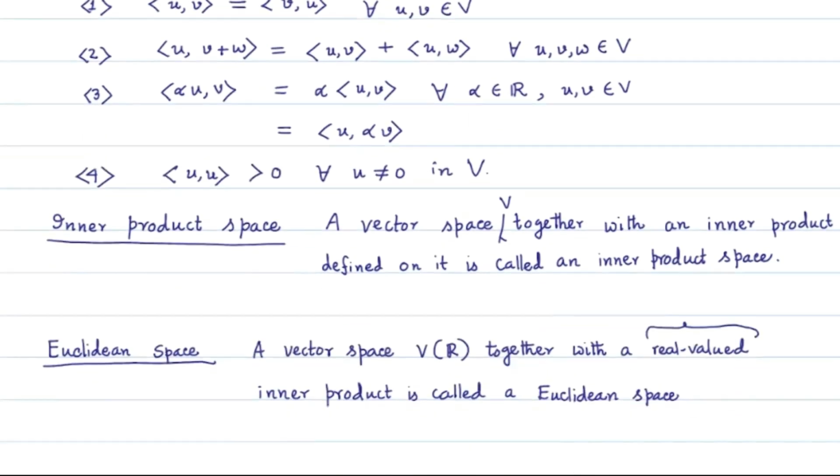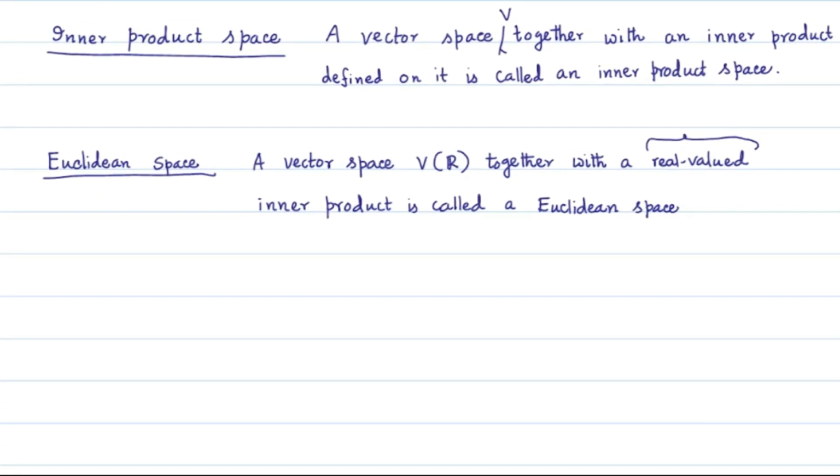Let me give you a few examples of inner products in the n-dimensional Euclidean space. The first example is the standard inner product of u and v, where u and v are two vectors in the n-dimensional Euclidean space Rn, and u and v are the n tuples u1, u2 till un for u, and v1, v2 till vn for v.